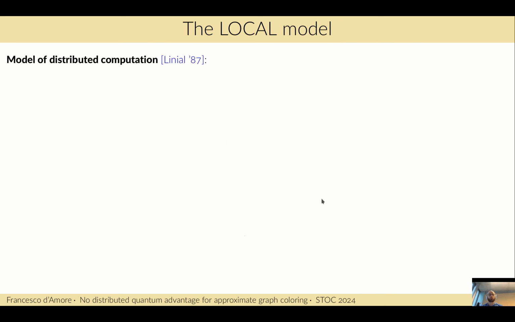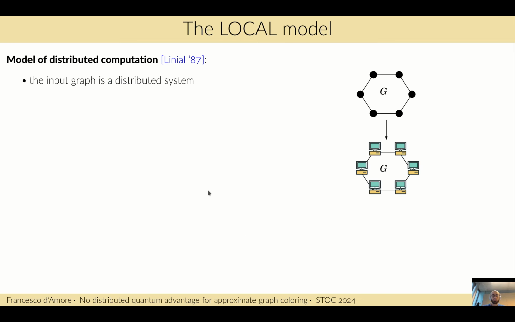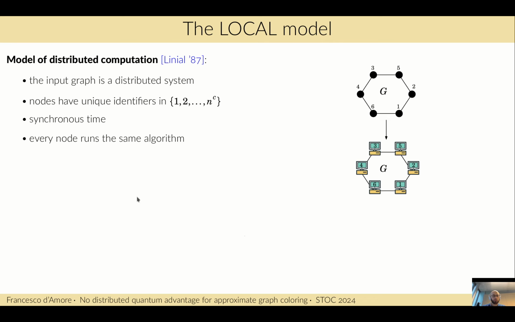We are interested in solving this problem in the LOCAL model of computation. It's a fundamental model of distributed computing introduced by Linial in 1987. Here the input graph is the distributed system, so nodes are machines, and they have unique identifiers in the set from 1 to n to the power of c, where n is the number of nodes. Time is synchronous, and all nodes run the same algorithm.